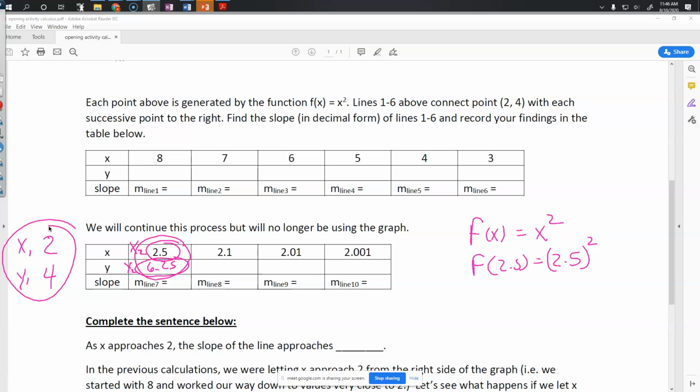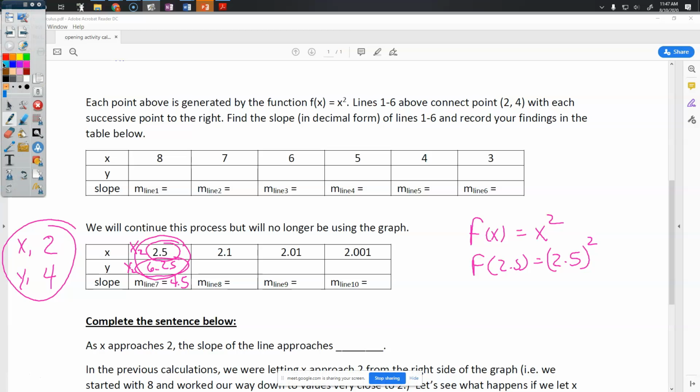That's not what I got. Let's let someone else give it a shot, and then I'll show you how to get what I'm pretty sure it is. It's not that. 4.5. It is 4.5. All right, so let's see how to get that. The slope is 4.5. So at least that's what I got.